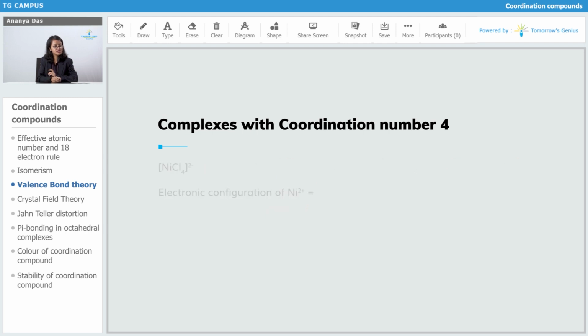So if nickel exists as Ni2+, then its electronic configuration is going to be [Ar] 3d8 4s0. So again, let's make those orbitals of ours.